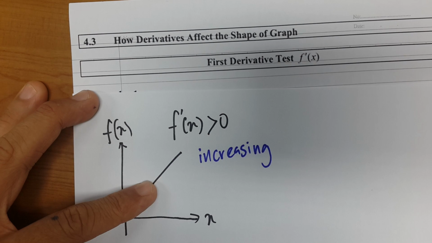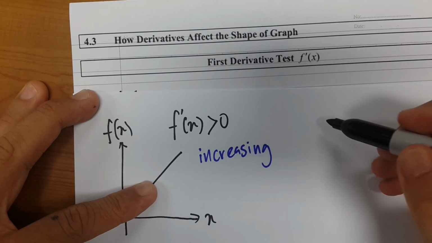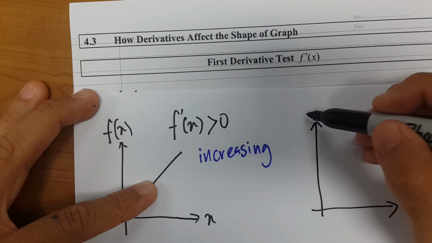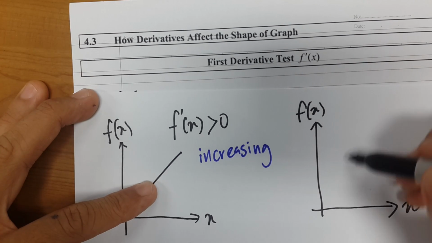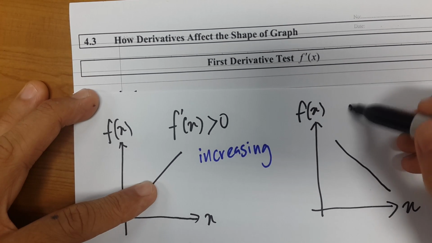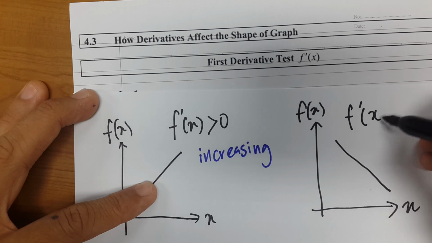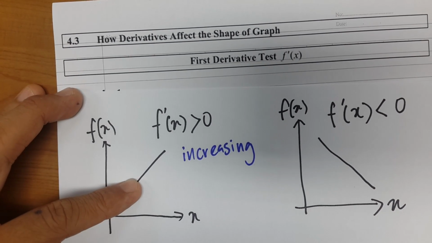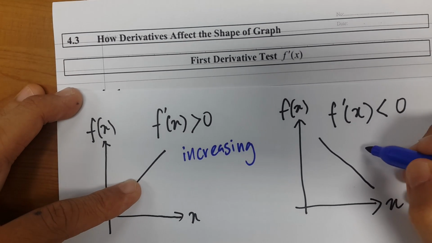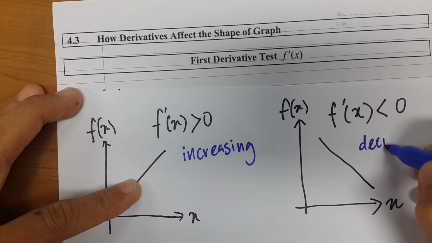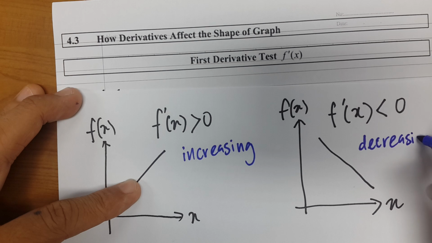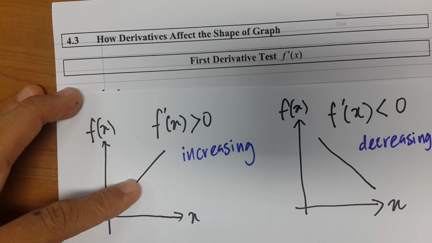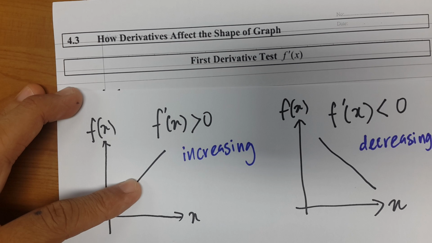But if you have a negative f prime, you are going to have a decreasing graph, or your graph is going down. So now we would like to study the behavior of the graph for a certain interval.